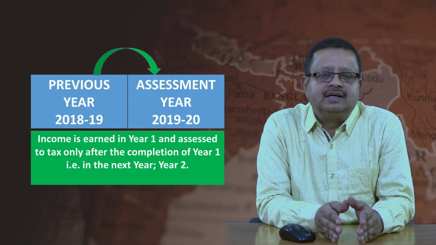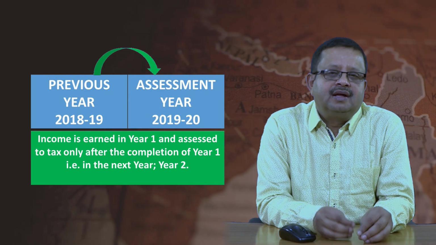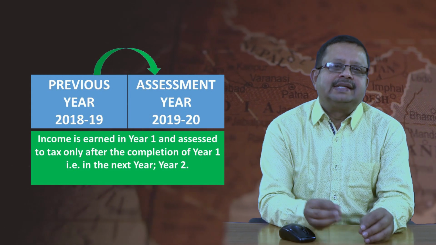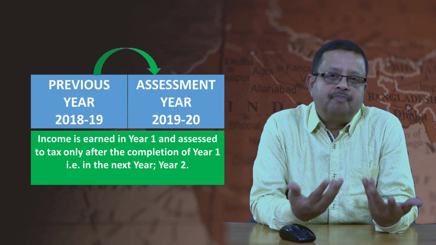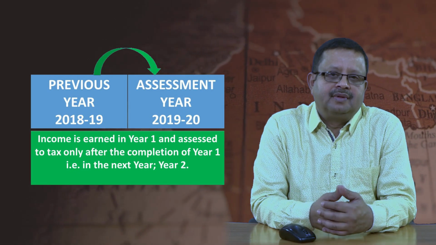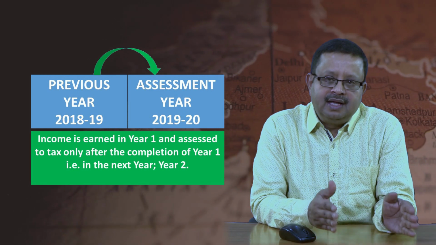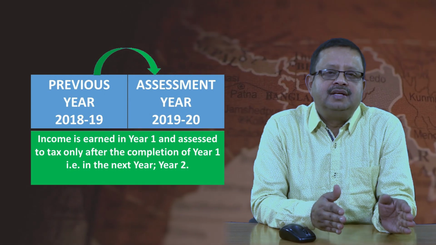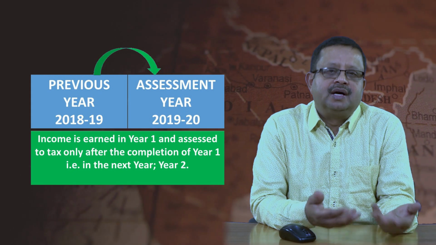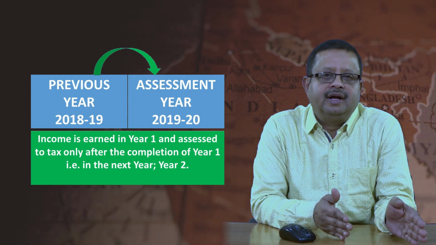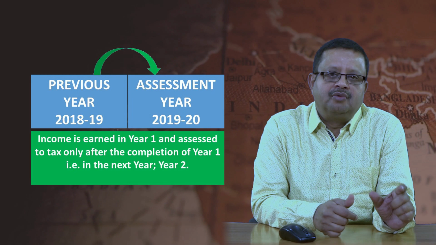Assessment year is the year in which the income tax department assesses or evaluates the tax to be paid by the taxpayer. For example, the current year 2018-19 is the previous year; a person earns his or her income during this particular year.